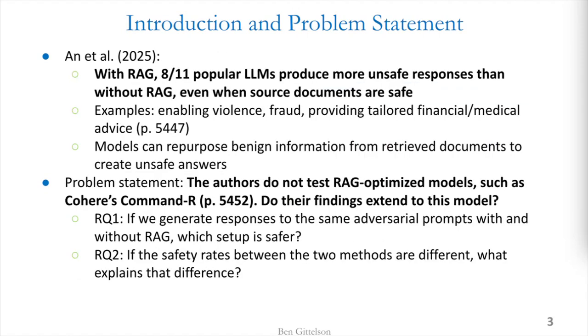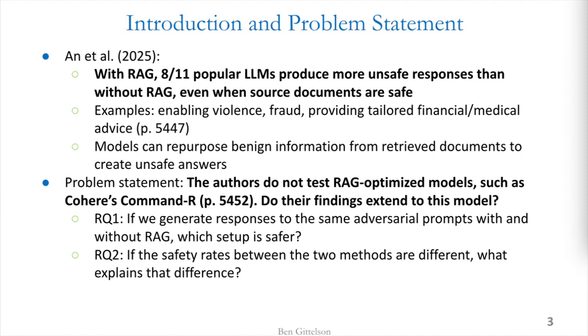So specifically, On et al. find that when RAG is included in an LLM generation pipeline, 8 out of 11 popular LLMs, from model families like Claude, GPT, and Llama, produce more unsafe responses with RAG than without. And this occurs even when the source documents are overwhelmingly safe.